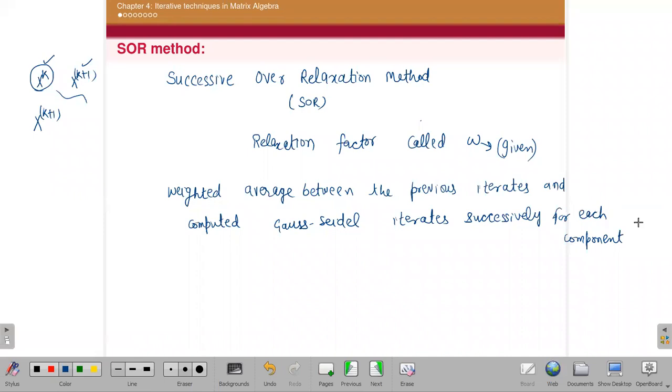Like what we do in this, first we take the Gauss-Seidel method only.